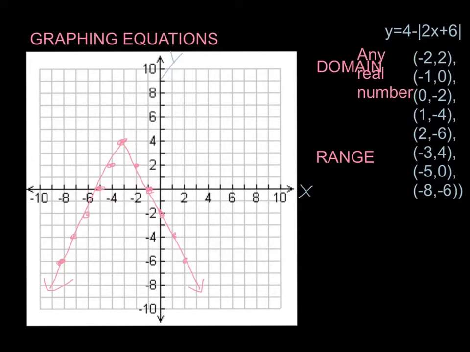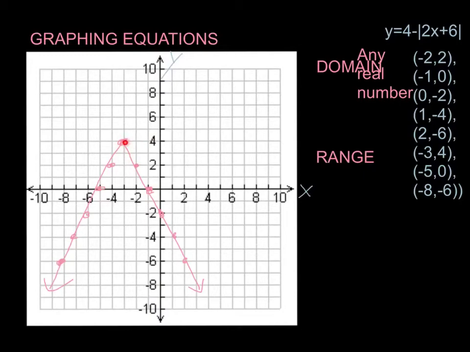Okay. And the range, as you may have guessed, with the domain being the acceptable inputs, the range is the acceptable outputs. So basically we're doing the same thing except along the y-axis. Now you might think that since this is a continuous graph, which is part of the reason why you can tell that the domain is any real number, it goes on forever, and so the range is any real number, but that's not actually true, because as you can see, this graph stops right at 4.